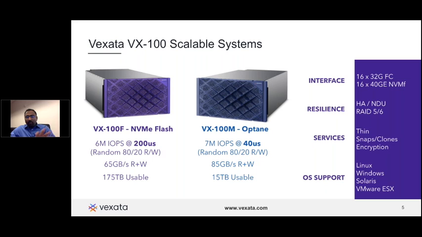So, a fully featured storage array, extremely high performance, and importantly, we support Fibre Channel protocol, which is what most people use for Oracle and Oracle RAC applications. Interestingly, we are probably the only storage array that can support NVMe over Fabrics on the same array as Fibre Channel as well.